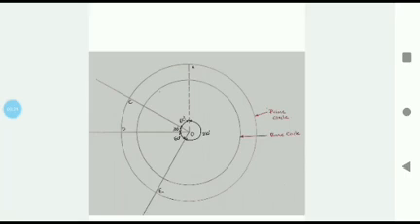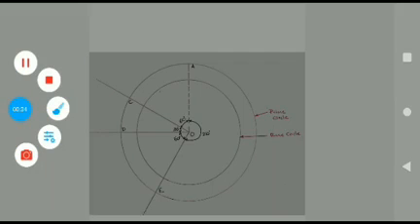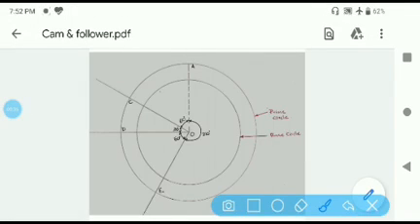So you need to take an angle of 60 degree with OA as the base, and you draw a line from O. So this region will be the outstroke region, and then with the new line you take an angle of 30 degree and draw another line.